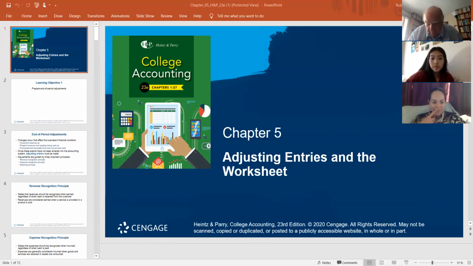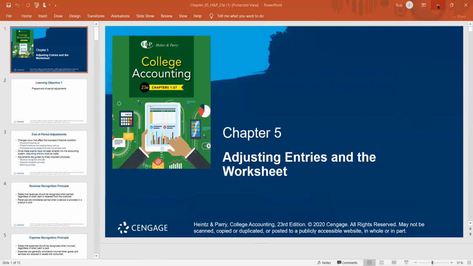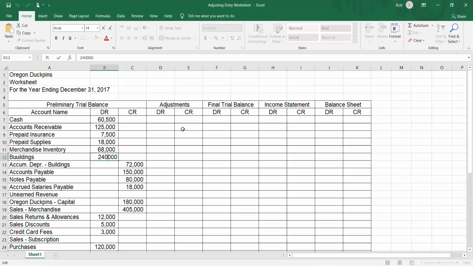Let me move this out of the way. Come on. You can see this Excel worksheet. Yep. Here we go. This is our worksheet, and I'm just going to drop a number in here.